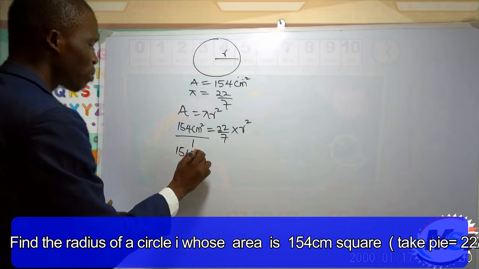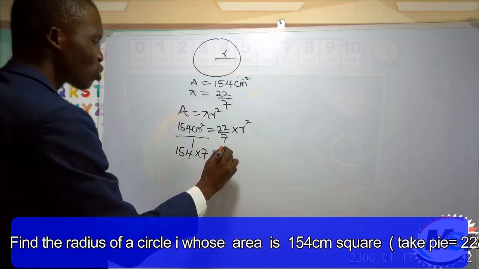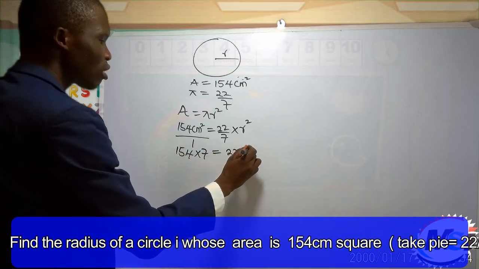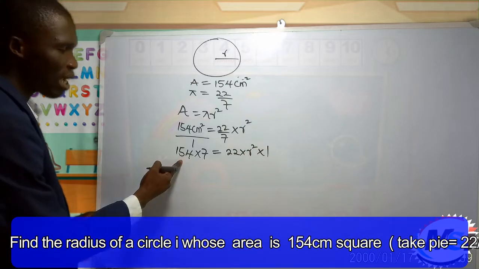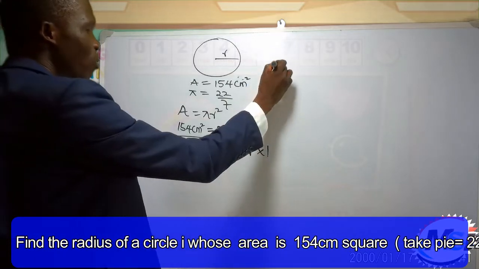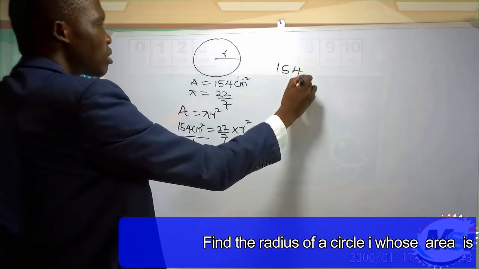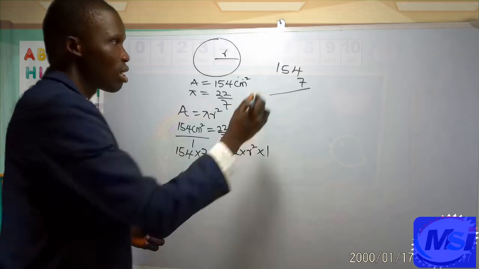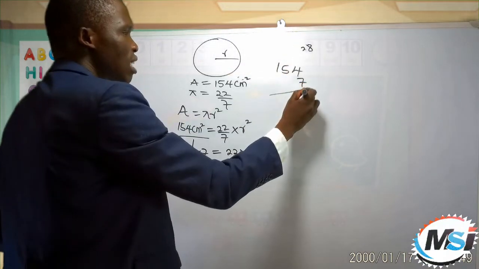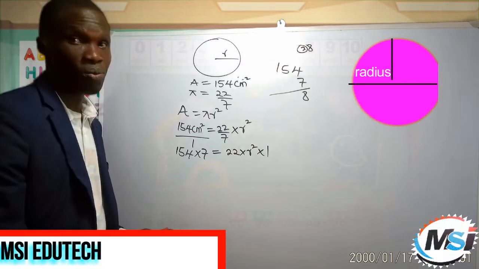154 multiplied by 7 equals 22 times r squared times 1. So now let's multiply this. We have 154 times 7. 7 times 4 will give us what? 28. 28, we write 8, remain 2.